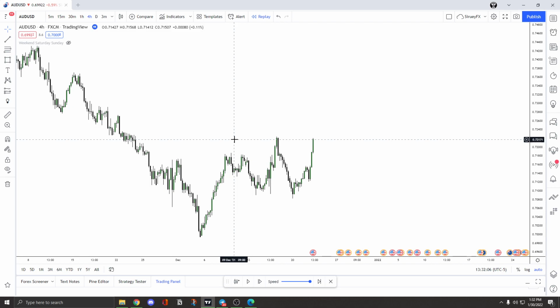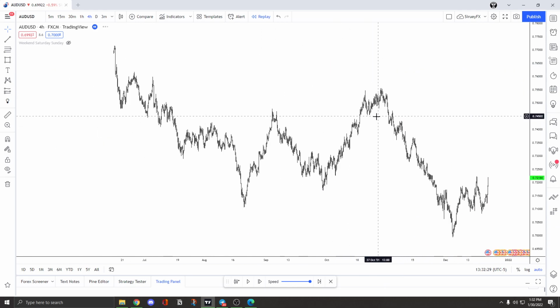So you're going to look for fair value gaps that will be in the premium range. That way you can anticipate market maker sell models. And if you're looking to buy, because price is in discount, you are drawing out fair value gaps in the discount of the range, and you're looking for price to create market maker buy models on the smaller time frames inside that range. And so that's pretty much it.